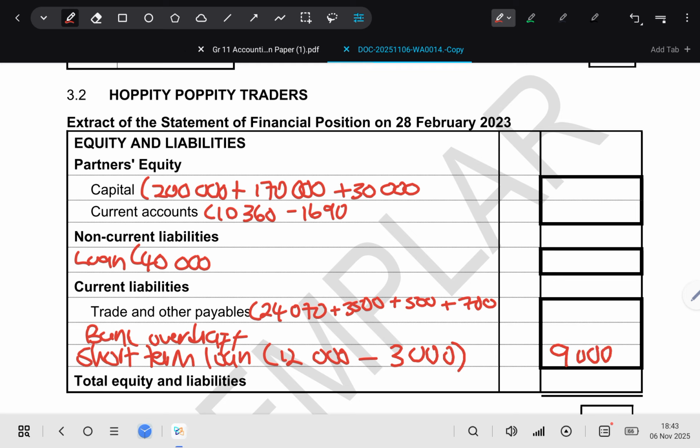So under long-term loan, we're going to say 40,000 minus 9,000. Also remember, your short-term loan, you should subtract it, right? So 40,000 minus 9,000, we are left with 31,000. So our non-current liabilities is 31,000.